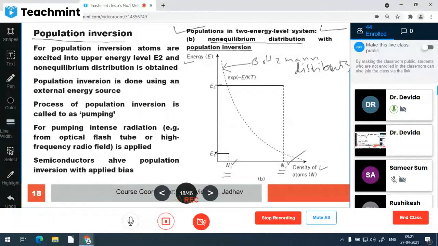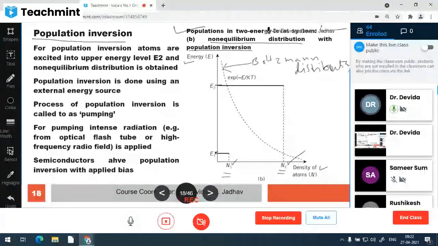But even a small device will have a very large number of atoms, isn't it? So the number of atoms we cannot measure, but in terms of density of atoms we can talk. So the density of atoms in the conduction state must be larger than the density of atoms in the valence state. This is called population inversion.